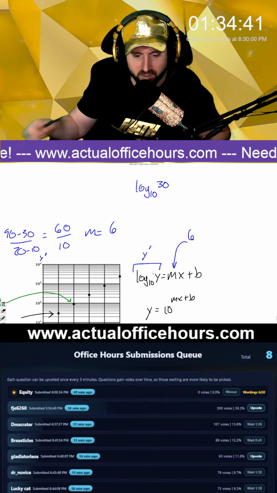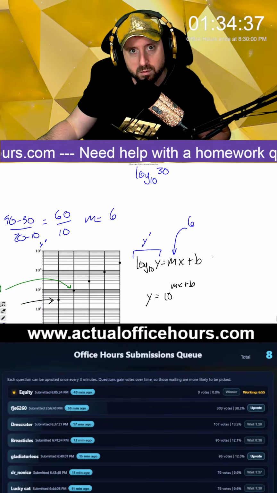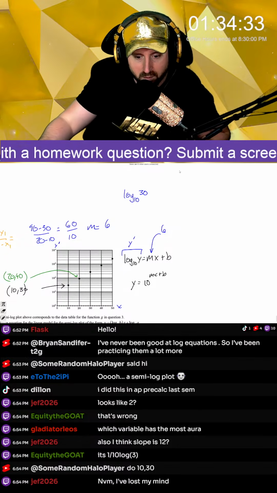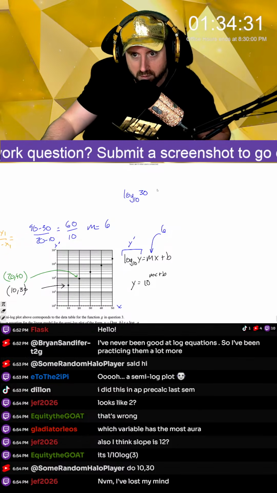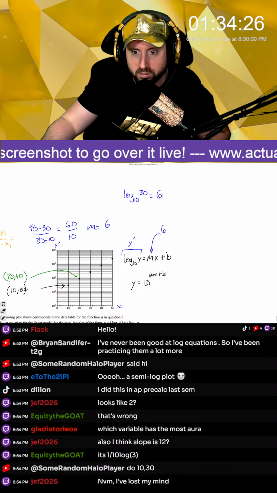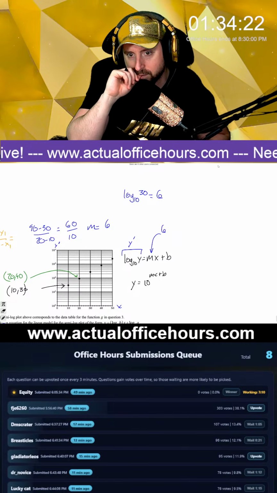I think we can do this way as well. Log base 10 of 30 is then equal to the slope, which is 6. Let me think one second.